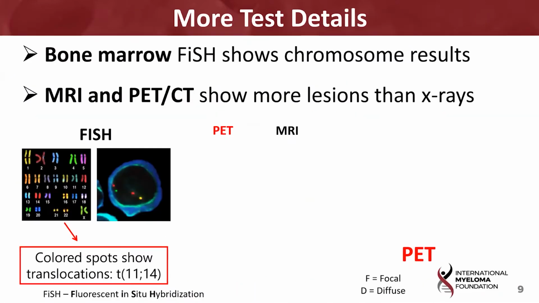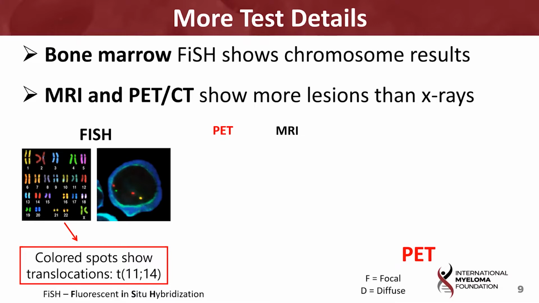So we do extra testing to tell us a little bit more about the myeloma, and some of you will be aware that when your bone marrow test was done, there was something called FISH chromosome testing done.